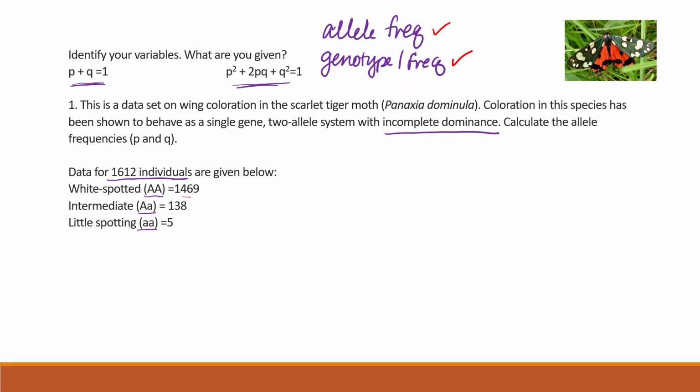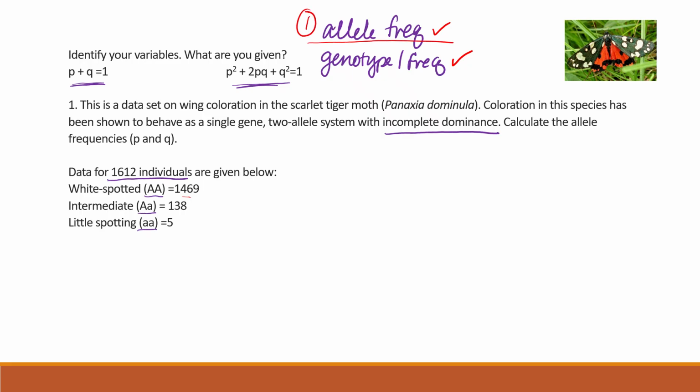You are welcome to do it either way, whatever makes sense for you, but you should know how to do it both ways because depending on the type of information you're given, you may have to do one or the other. So the first thing that we need to know is the total number of alleles in the population.